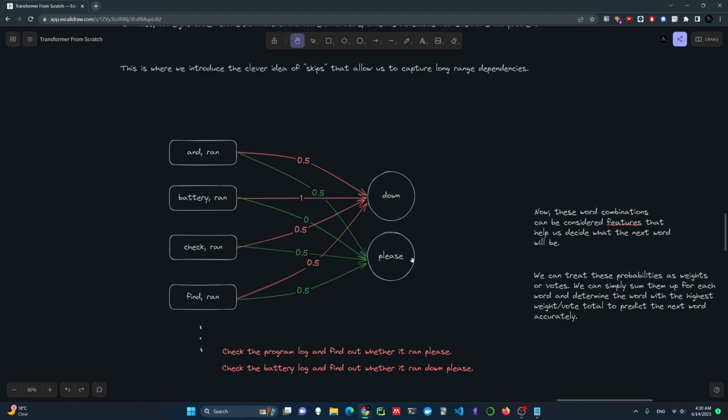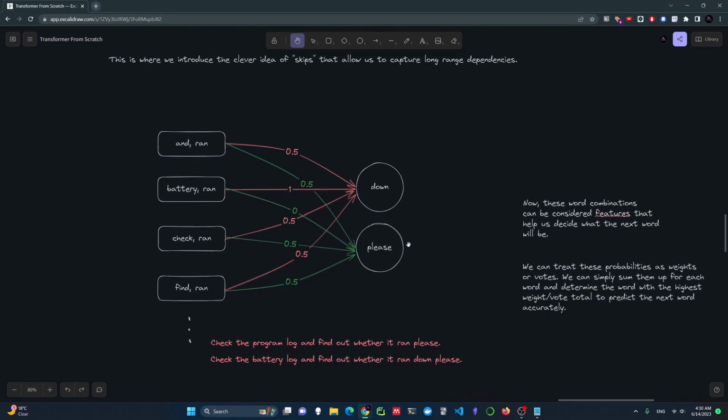And for the word please, we'll add 0.5 to 0 to 0.5 to 0.5 and so on, right? We sum them up for each word here. And whichever word has the greatest amount of total votes or weights is the word that's most likely to happen or occur next, right? I hope that's pretty intuitive, right?